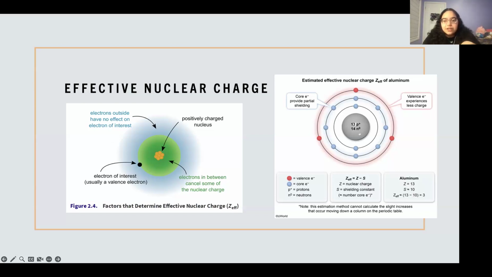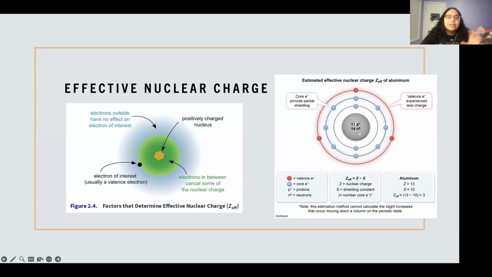You have the equations there. So the shielding constant is approximately your number of core electrons. You take the nuclear charge and subtract the number of shielding electrons. So if you have 13 protons and then 10 shielding electrons, so 10 core electrons that aren't in the valence shell, then your effective nuclear charge is 3.